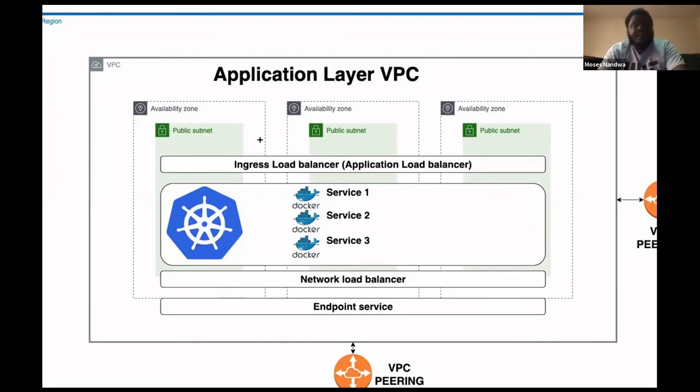The reason why we provision infrastructure in all the availability zones is that we do not want a situation whereby a data center goes down and your infrastructure is not available. So under here we have 3 subnets, which are public.